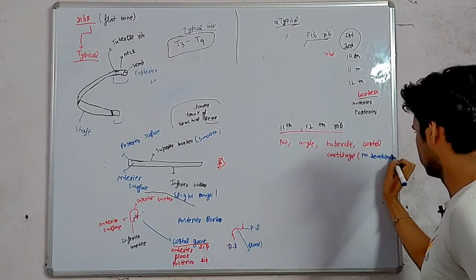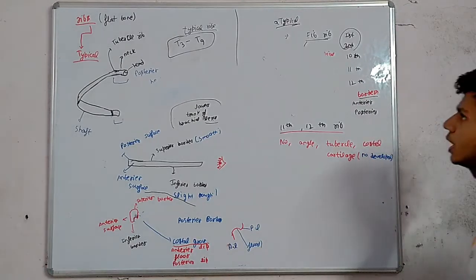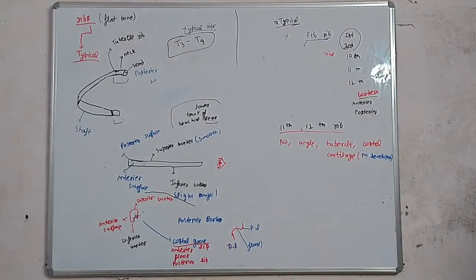So these are also called atypical. So these are the typical and atypical ribs. You can note completely from this.